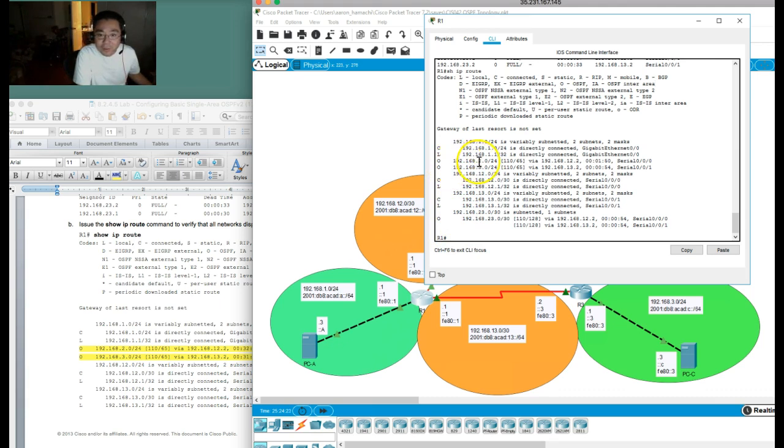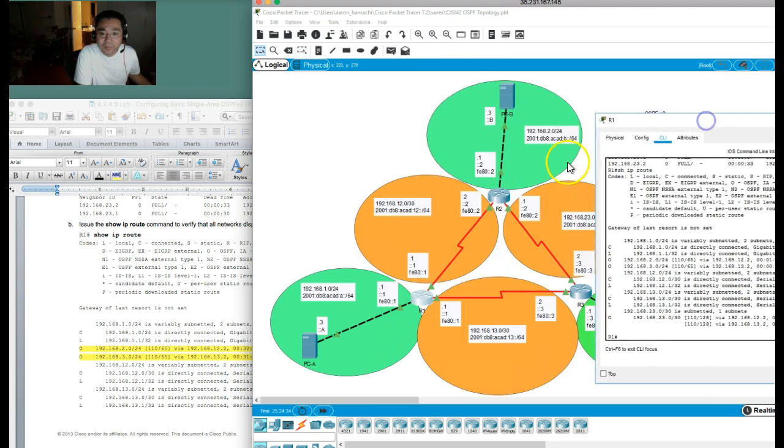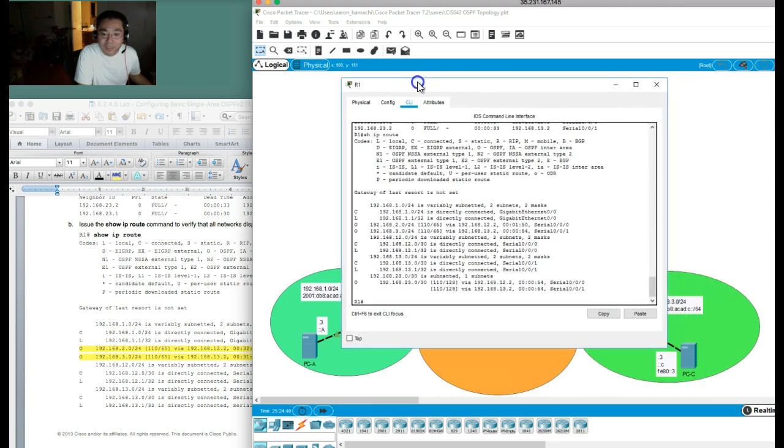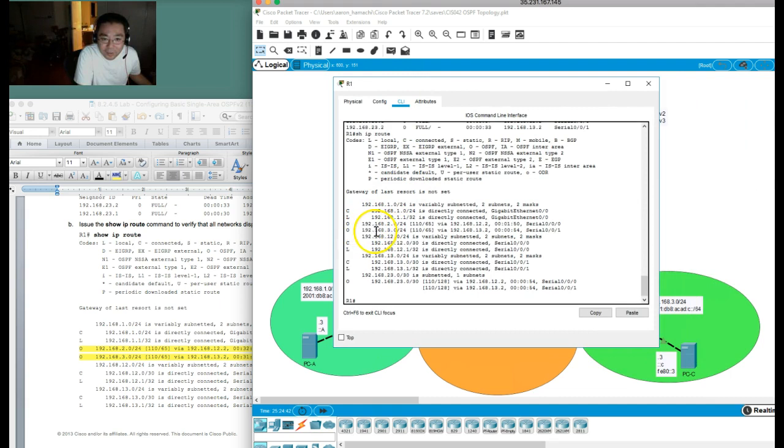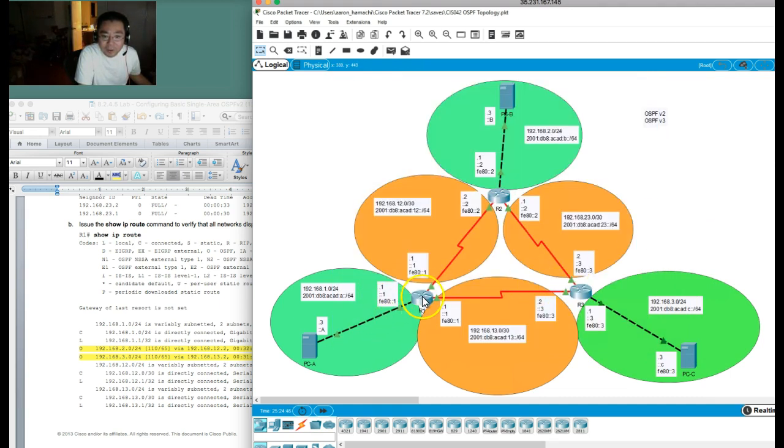So 192.168.2 via this address here off of serial 0/0/0. 192.168.2 is the far side right here from router 1's perspective. And same with 192.168.3 from router 1's perspective is right over here.